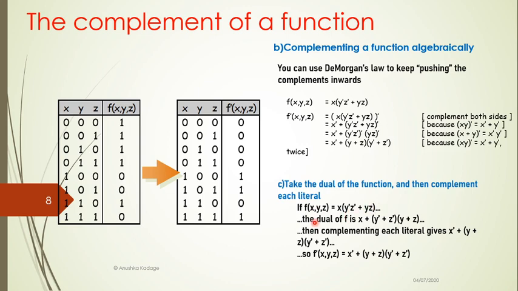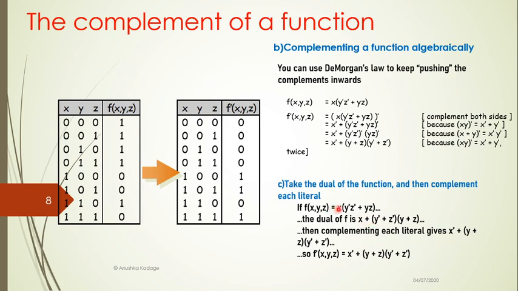Now, if I am talking about the dual of that function, everywhere the dual operation has to be done. That means the ANDing operation is to be replaced by ORing and the ORing operation has to be replaced by ANDing. But the variables are to be kept initially the same.